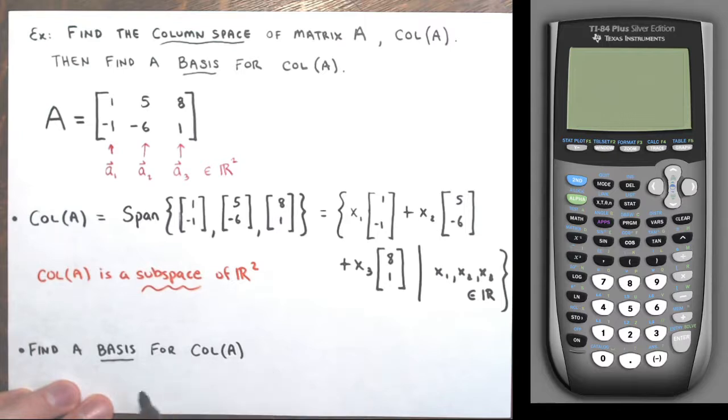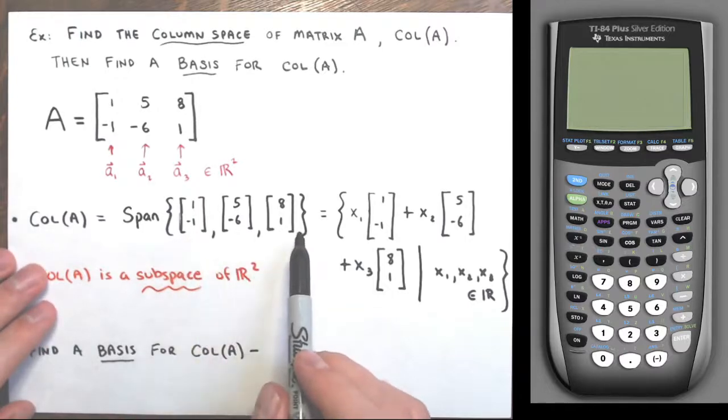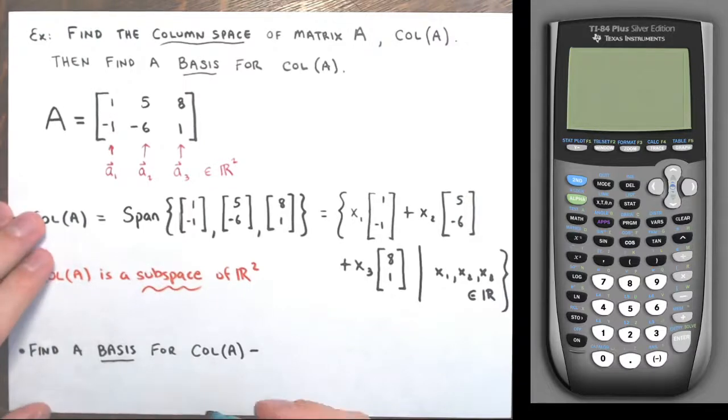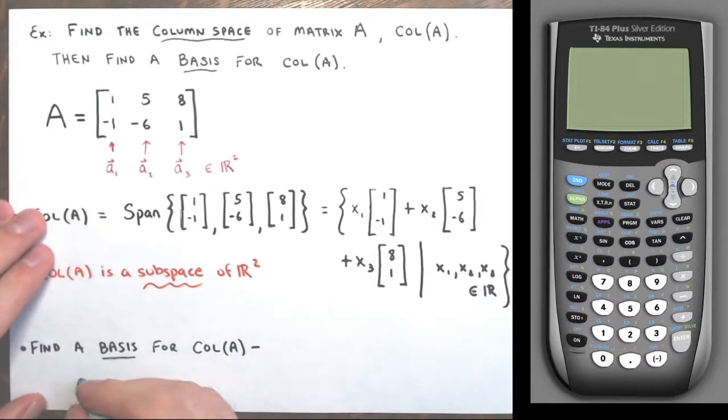So when I go now to finding a basis for the column space of A, the most obvious candidate here would be, well, what about this set of vectors? That'll be the first question I ask in these problems. Are the columns themselves, the set with those columns, a basis for the column space?